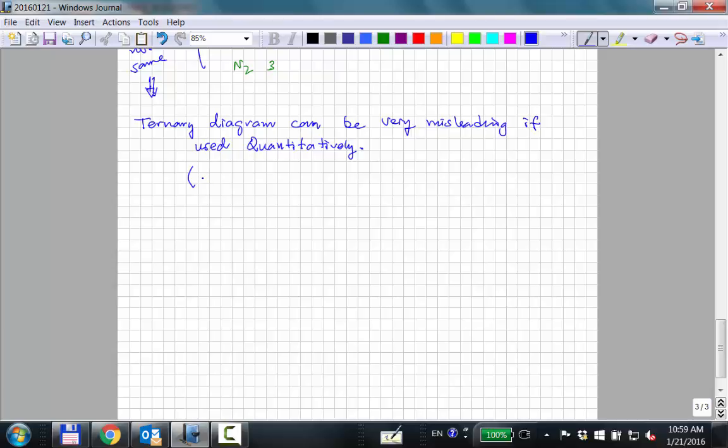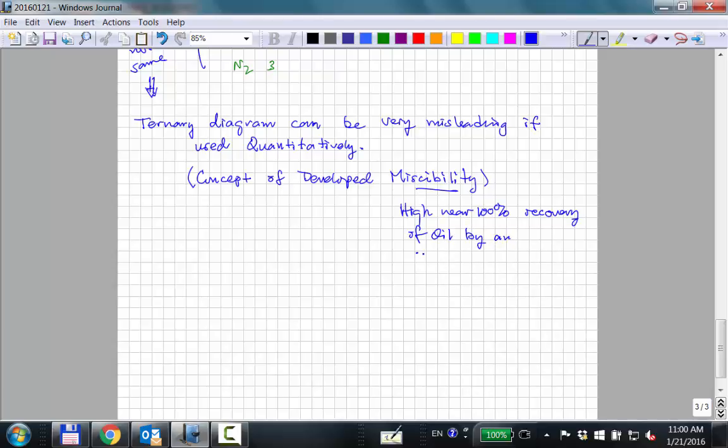So basically, the concept of developed miscibility, which we're not going to talk about in this course much at all. What we mean by that is really a very high, near 100% recovery of oil by an injection gas.